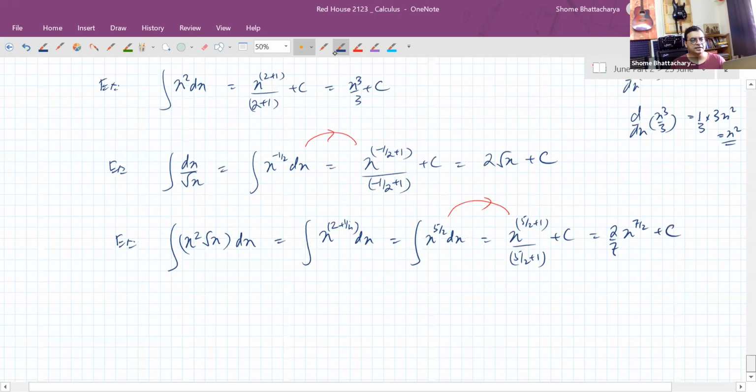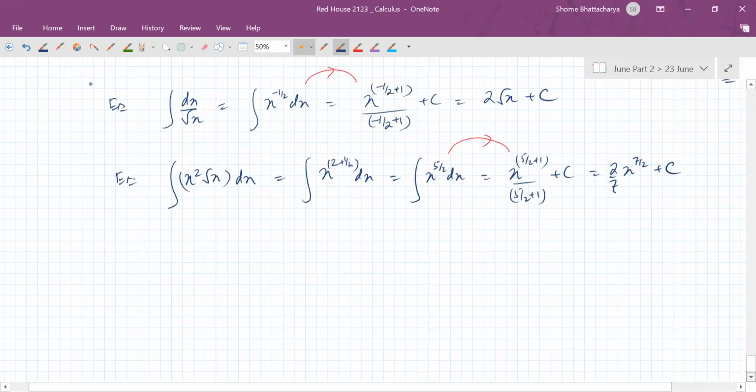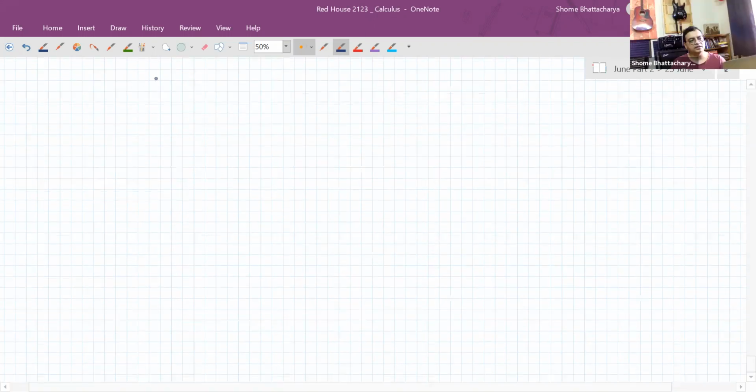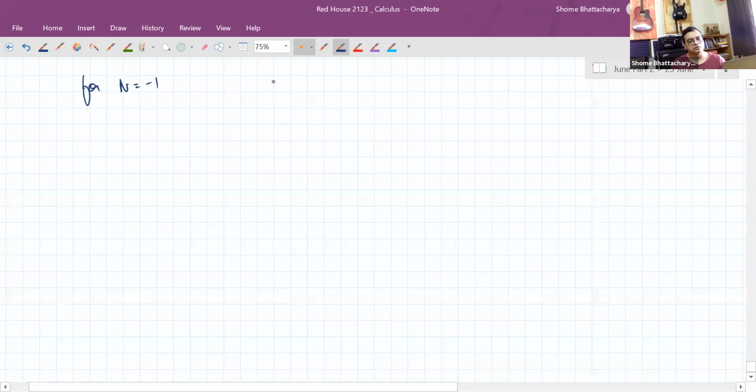Okay, now let us see the exception for n equal to -1. Now we know that differentiation of natural log of x is 1 by x.